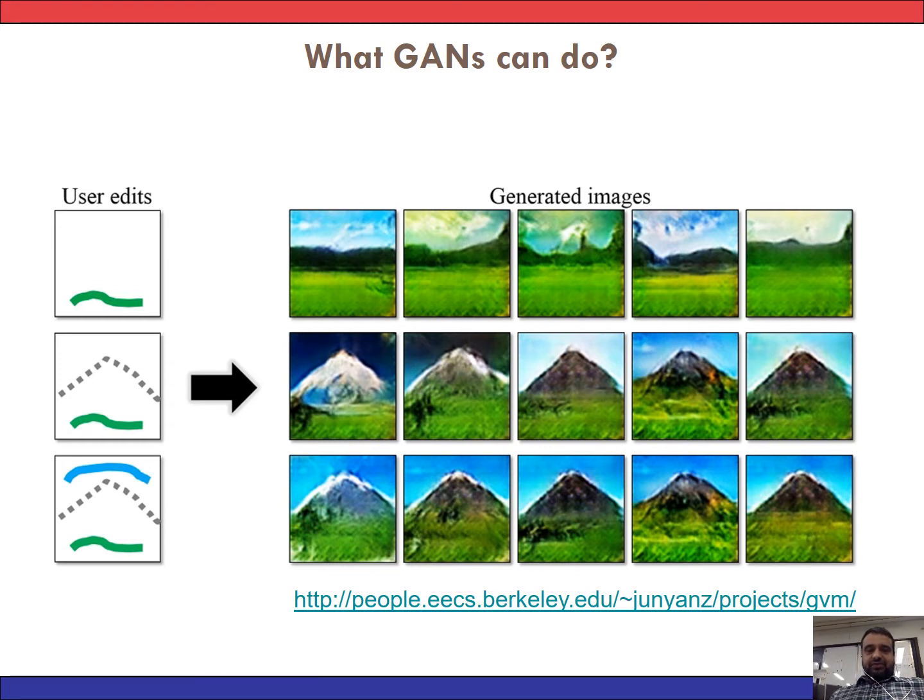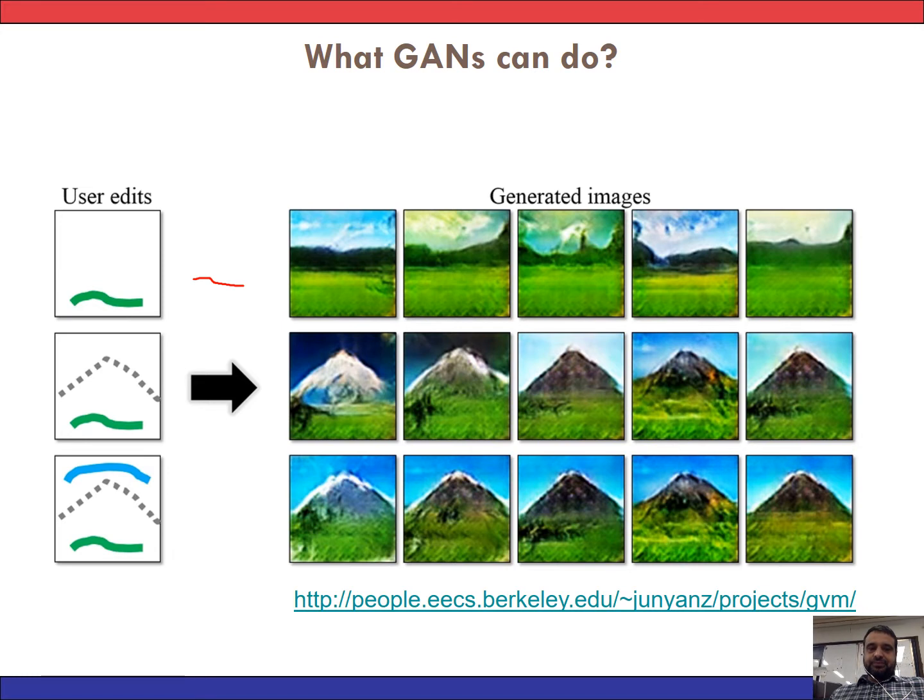If we draw a stroke here, this green stroke, it will generate the image corresponding to this stroke. Here we can see the different variations of this stroke generated in terms of the complete images.